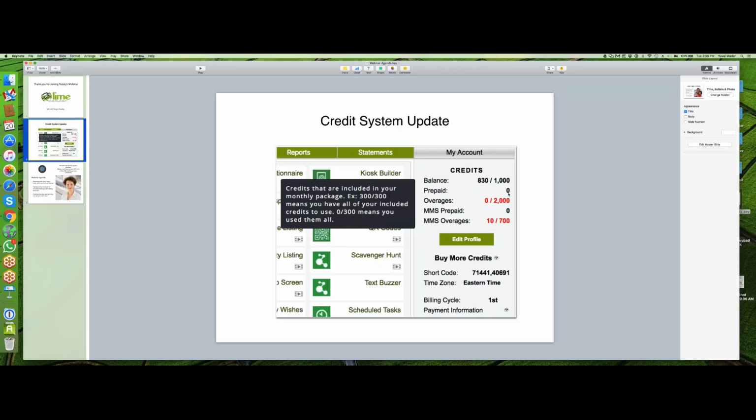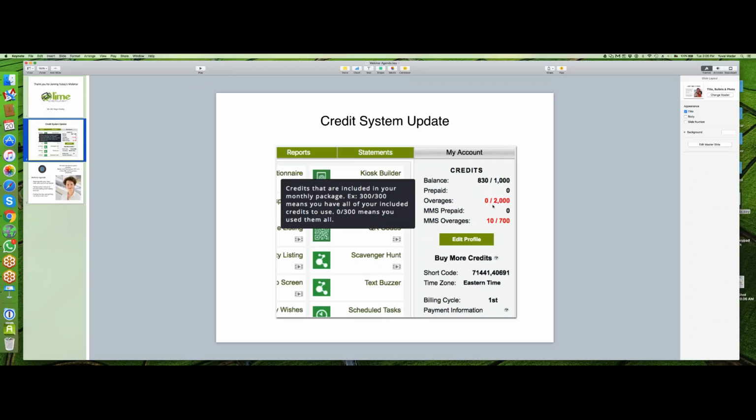So in a normal situation, it's very simple. But in this case, we did a scenario, what if you have free credits, you're buying prepaid from the company, and then you use overages, which means you use all your free credits, you use all your prepaid, now you go to overages.